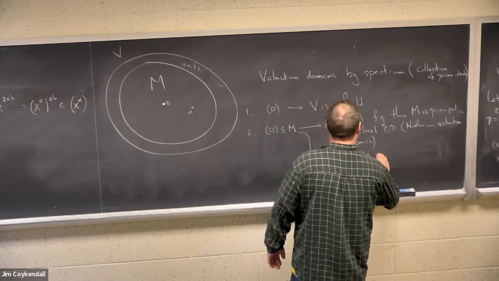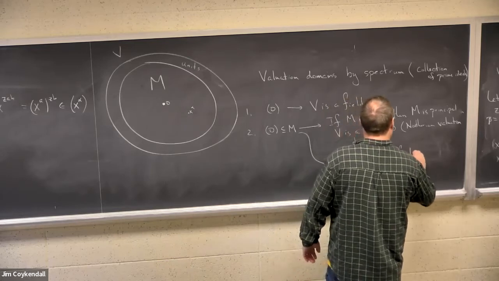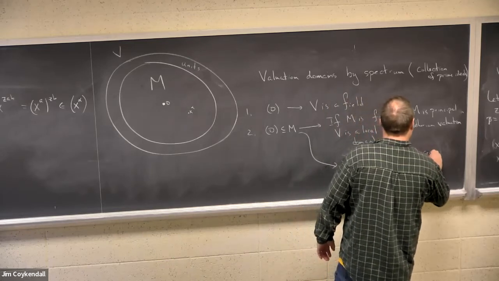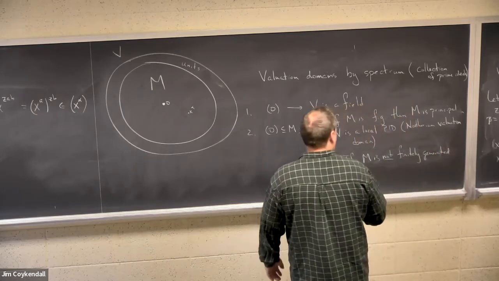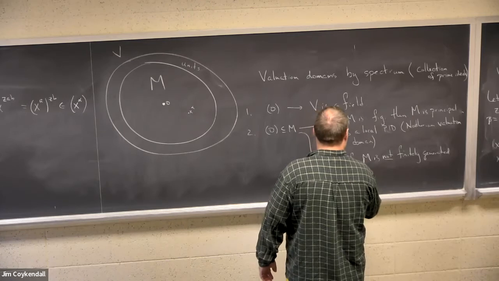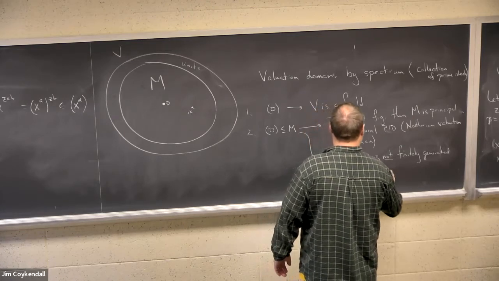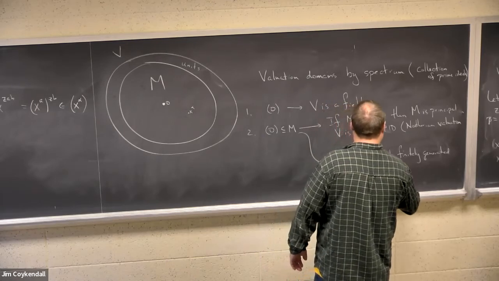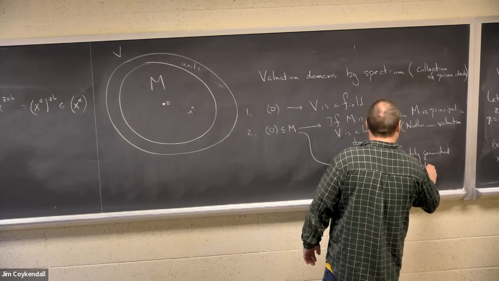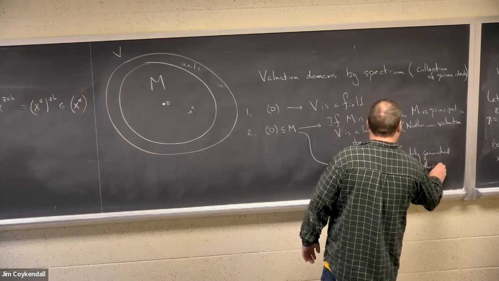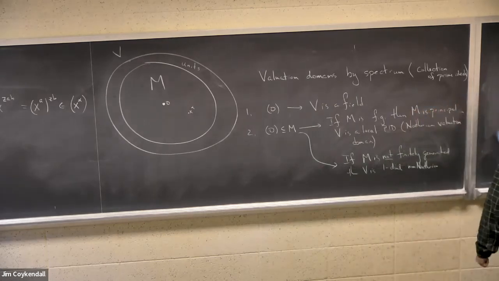If M is not finitely generated, then B is one-dimensional, non-Noetherian. But we've seen ideals that come up like this.